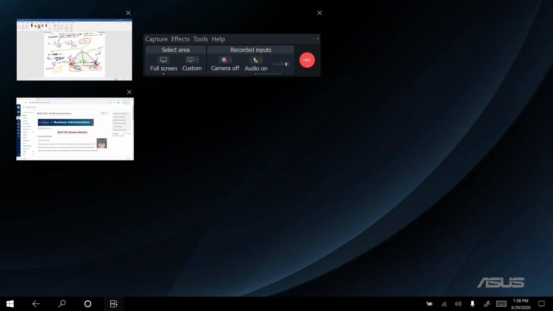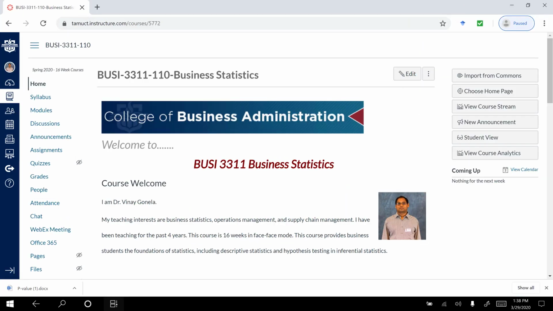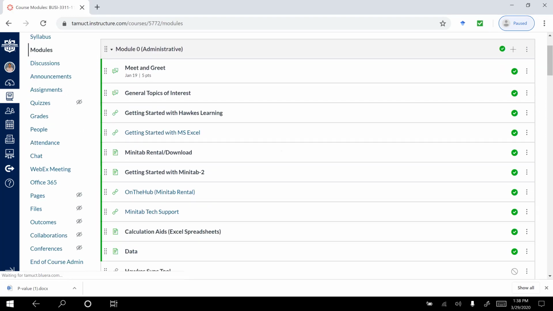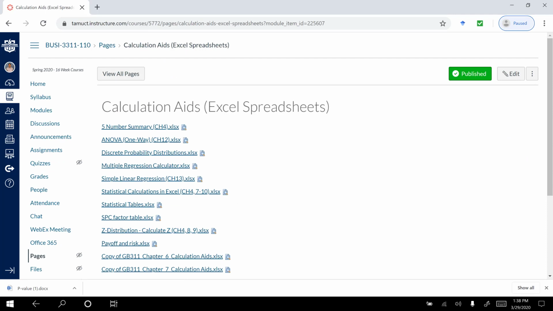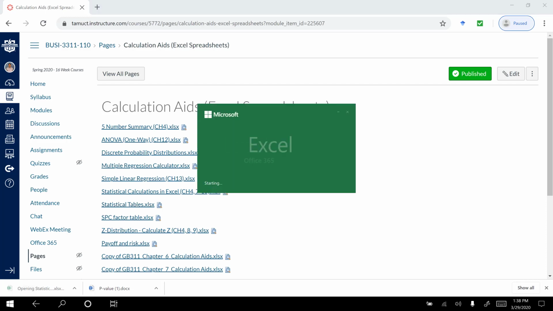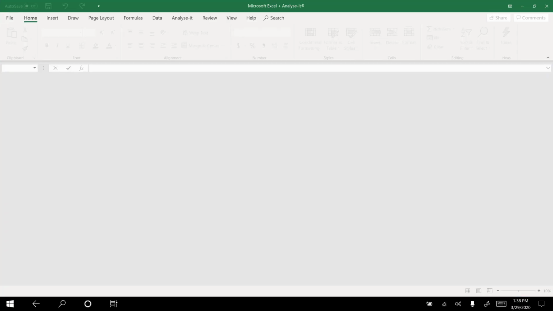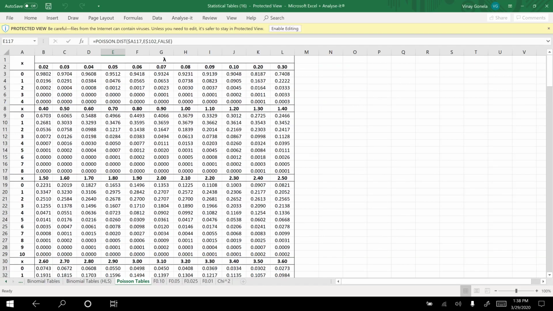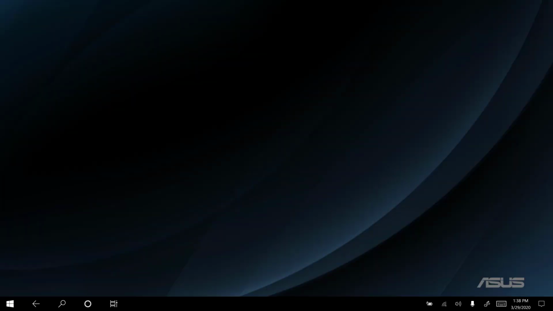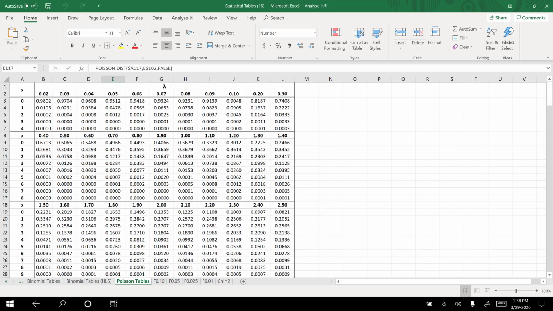So I will go here and go to my Canvas modules, look for calculation aids, and then go to statistical tables, download it, I will do enable editing, and then I'm currently in Poisson table.